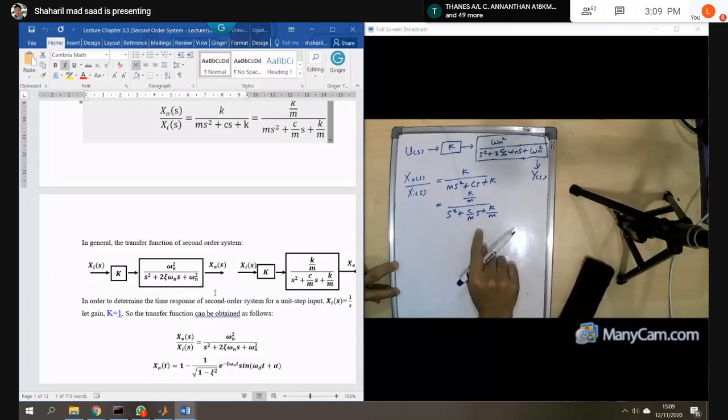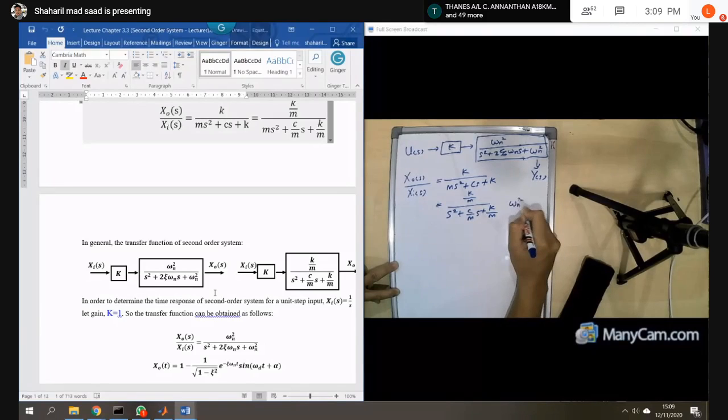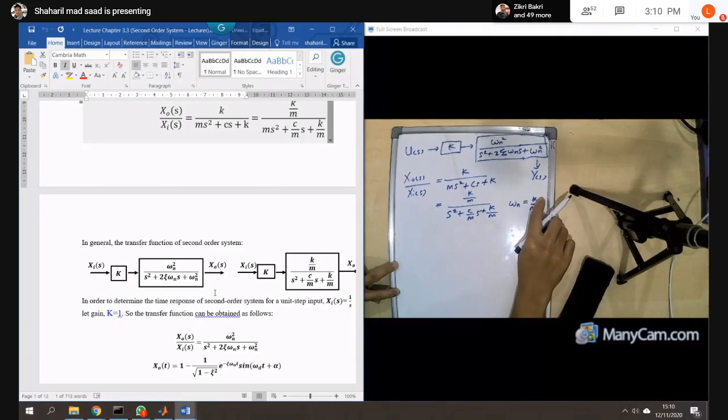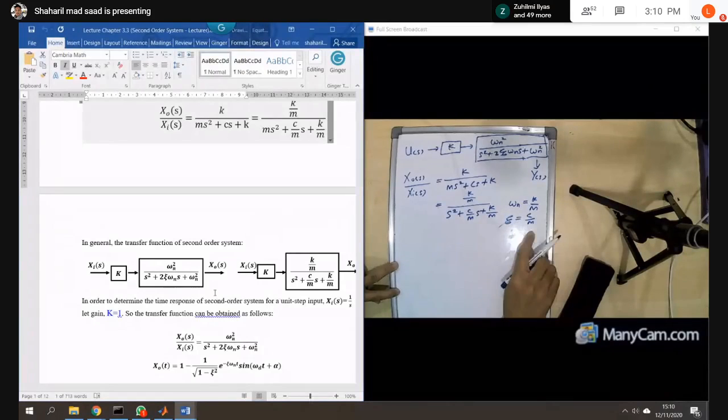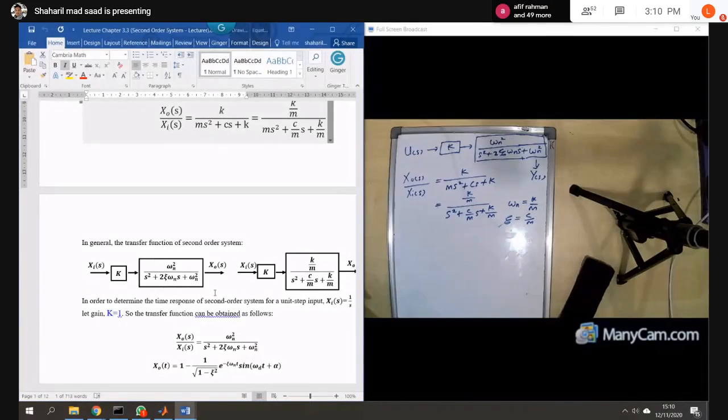So it depends on our damping ratio and our natural frequency omega n. It will depend on k, the stiffness of the spring and the mass, and our theta will depend on c over m. So you can play around with theta and the natural frequency, with the values c and k, and it will also affect your mass.